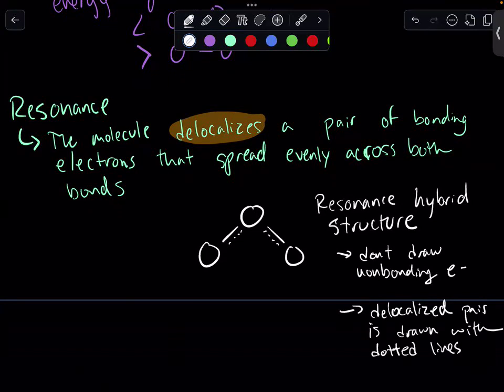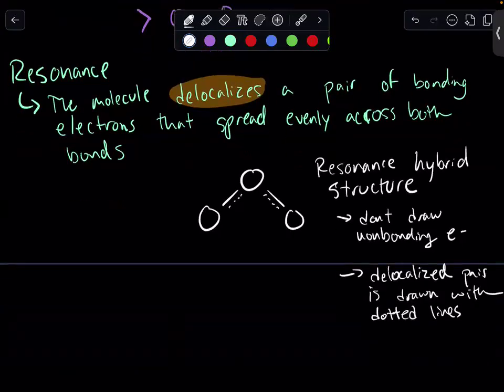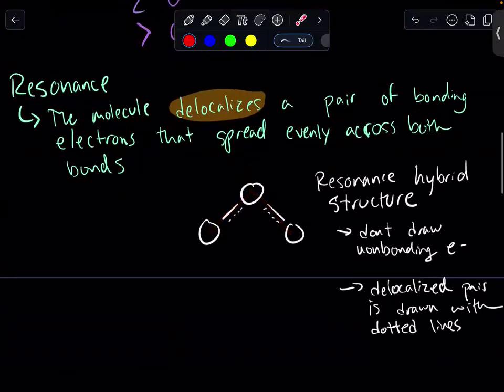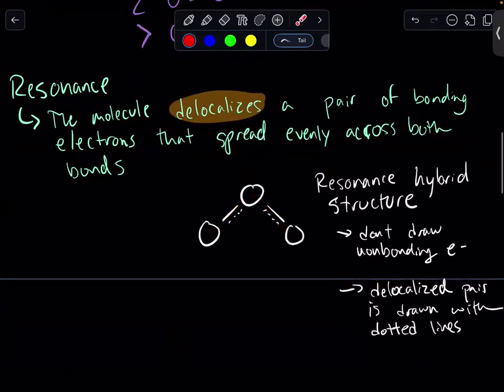And because it exists in both places, we draw it in both places. We still use the correct molecular geometry of bent, so we'll still draw it. So this is what it is to have a resonance structure, and this is also our resonance hybrid structure.